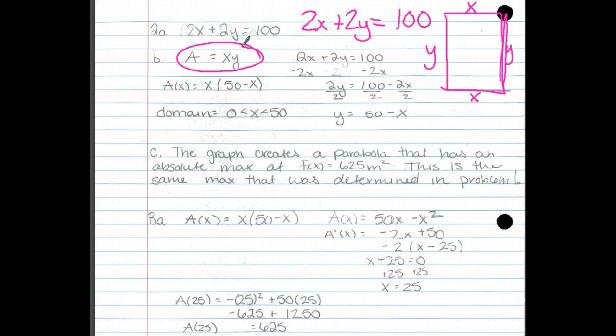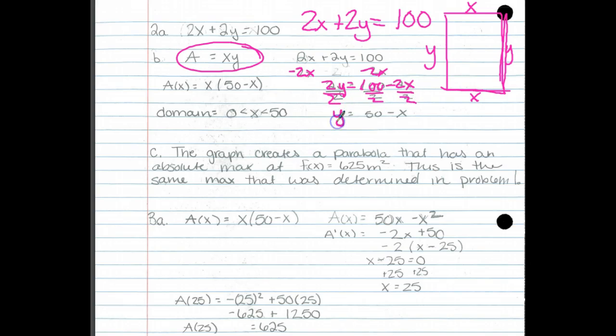To write it in terms of just A of x, we need to solve our previous equation for y so that we can substitute it in. So in order to solve for y, we need to subtract 2x from both sides. We get 2y is equal to 100 minus 2x, and then we're going to divide everything by 2.